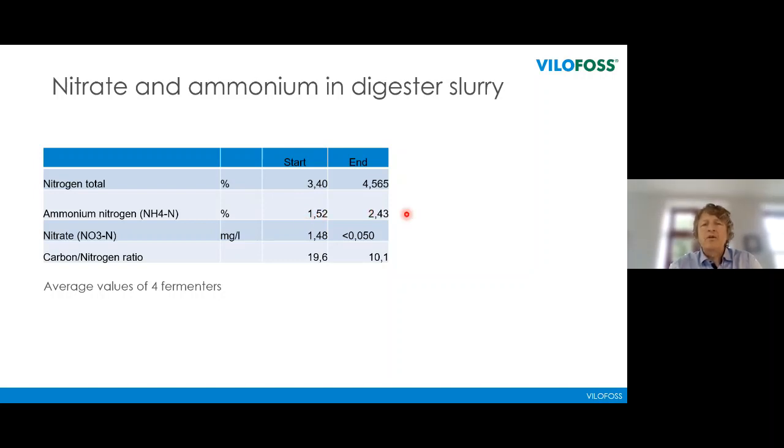We now have more of the nitrogen in the form of ammonium and less in the form of ammonia. Again, that fits very well together. And as we will look a bit further into, this ammonium nitrogen also has a better fertilizing value for the plant.